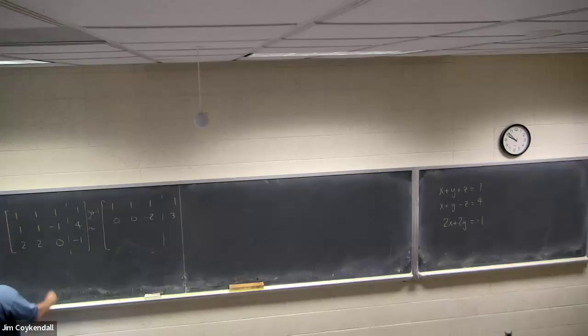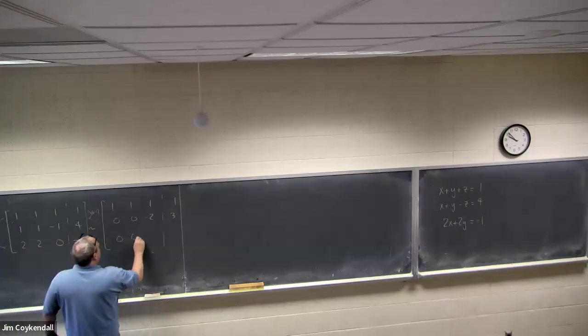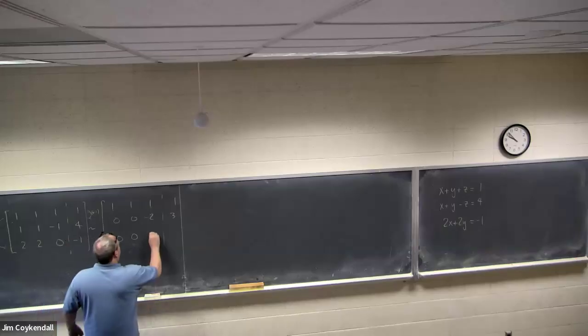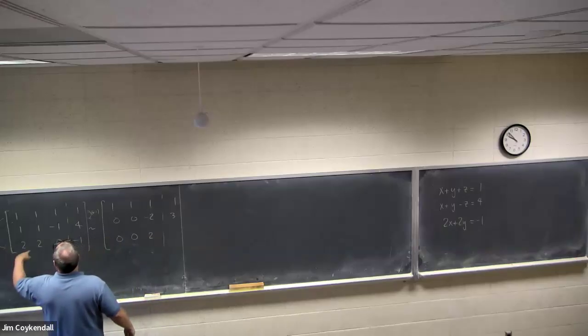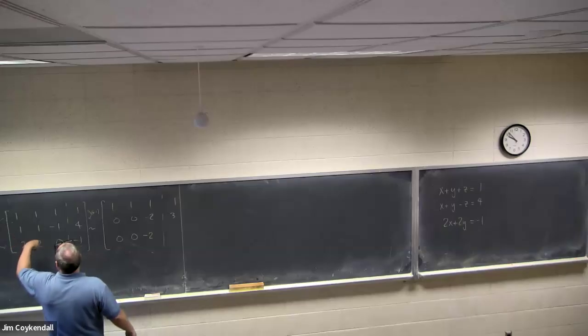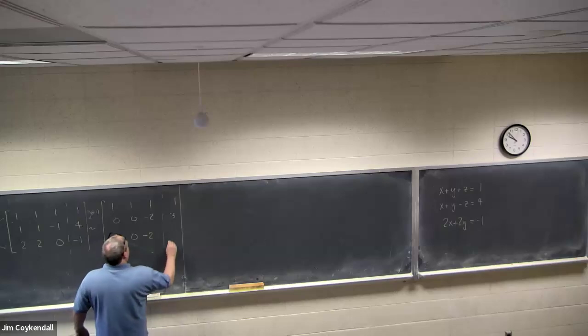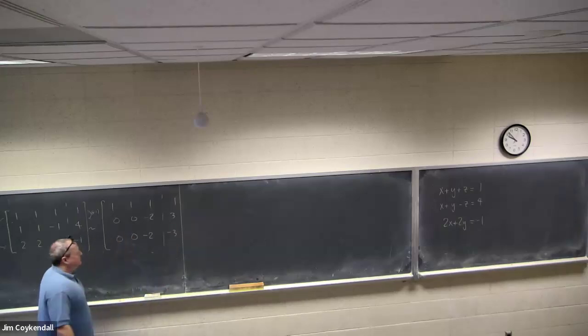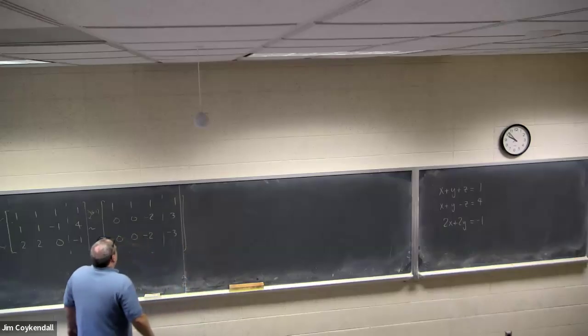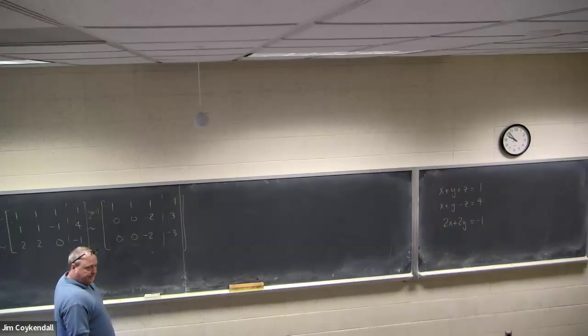And multiply this by -2, and add, and we'll get 0, 0, 2. Well, it's -2. That should be -2, shouldn't it? 0, 0, -2, and -3. Okay with it?